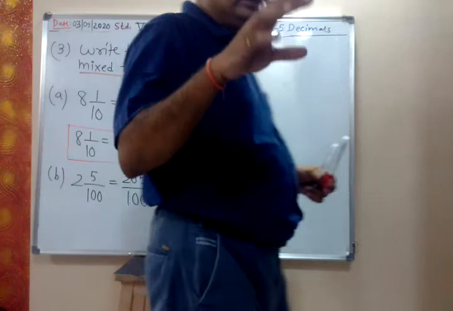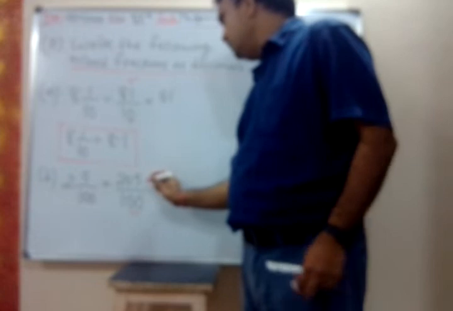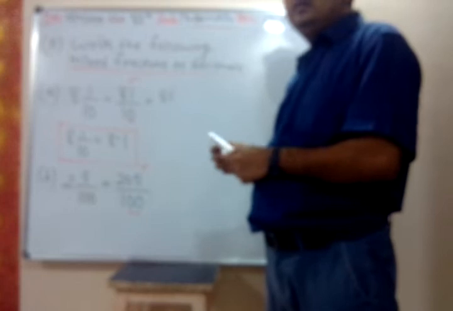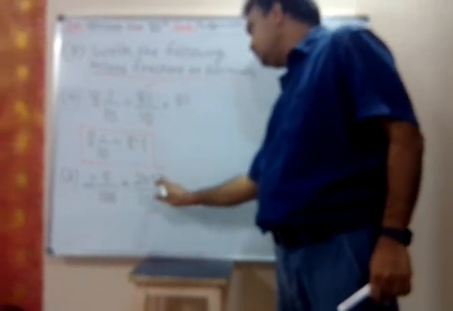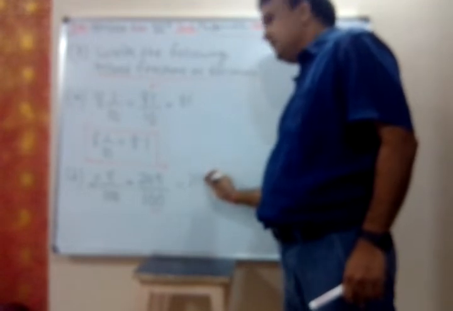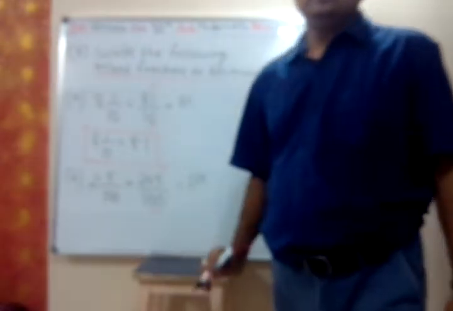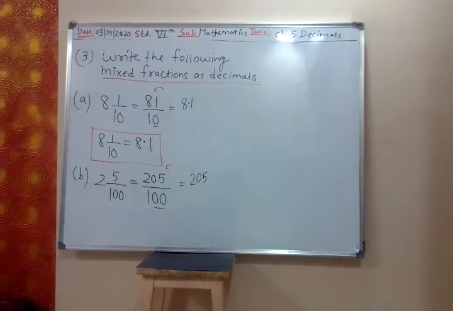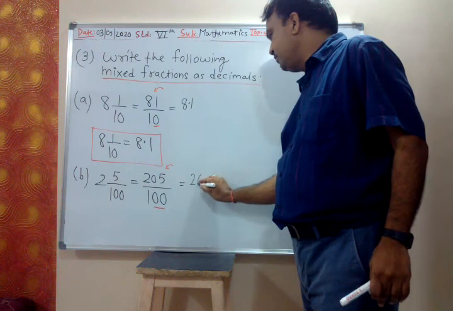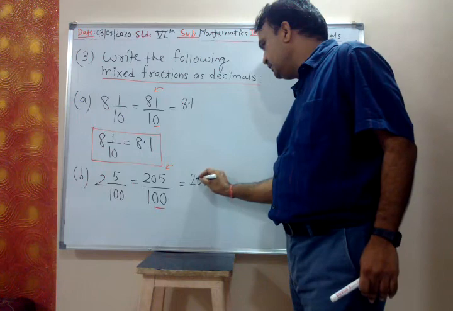Now, in the denominator, there are 2 zeros. So we start from the right and put the decimal after 2 digits. So 1, 2, put the point. So 205, there are 2 zeros, so put the point after 2 digits: that is 2.05.